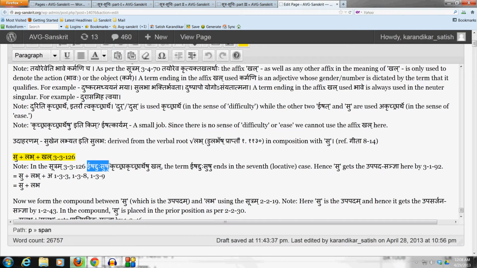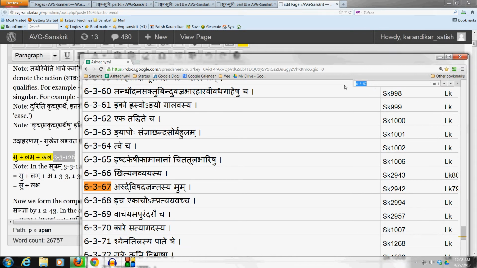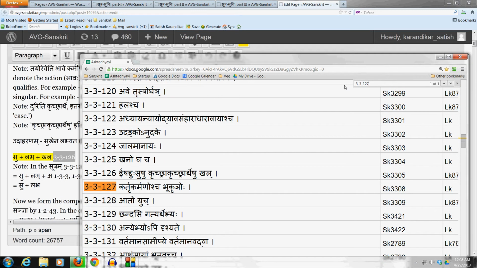So there's no question of the augment mum applying in the case of the examples of this sutram. But the next sutram in the Ashtadhyayi has some examples where the augment mum does apply. So the khakara as a it is for the purpose of bringing in the augment mum, but not in the case of this sutram, but the next sutram in the Ashtadhyayi.